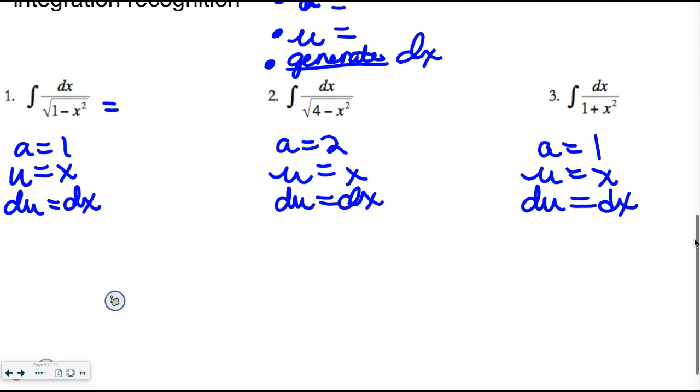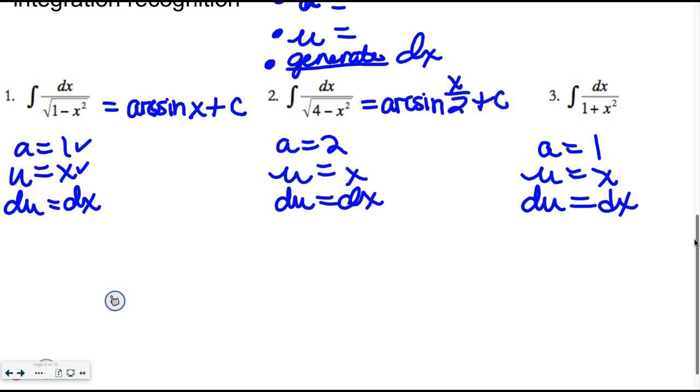So this is purely arcsine, because it's uglier, u over a. This is arcsine, and don't forget C, x at its most basic form. That's it. I call it a naked arcsine. This right here, also the uglier one, for 2 reasons: the root and the subtraction. It's arcsine, u over a, plus C. So once you identify them, it seems pretty easy.